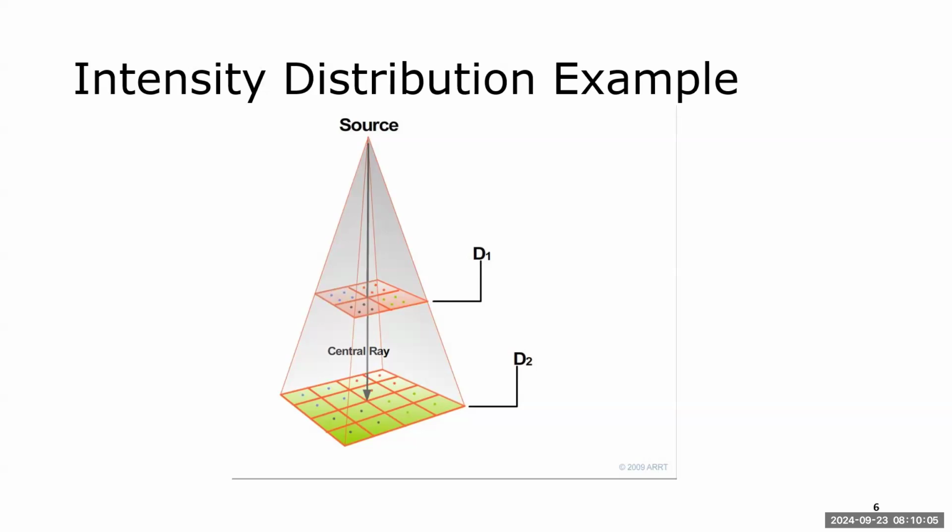So if we double the distance, that's by a factor of 2, right? 2 squared is what? 4. So as we doubled our distance, now the number of dots has spread out over a larger area, right? So now instead of there being 4 dots in 1 square, there's how many? 1. So there's a fourth of the intensity that there was at distance 1.